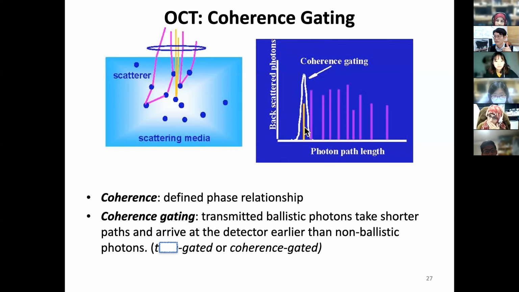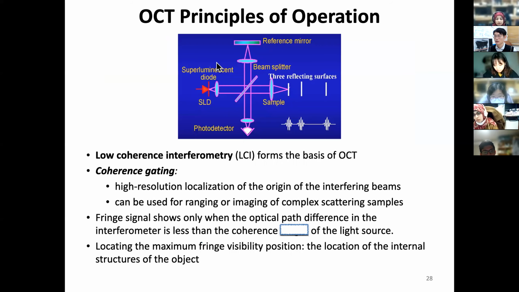Very good. In the result, we are only getting information from early arriving photons, so we can call it time gating. That is the principle of operation.